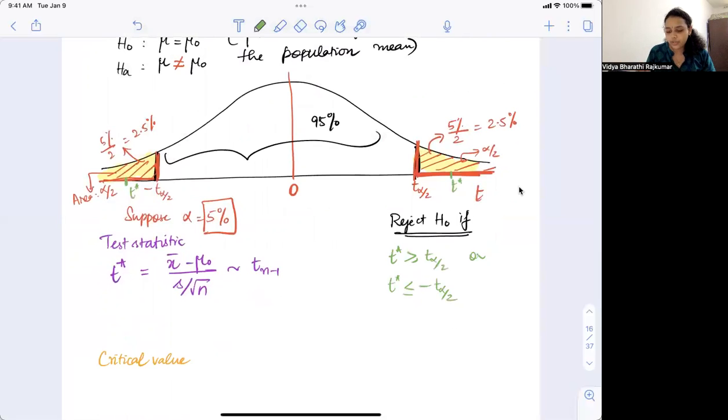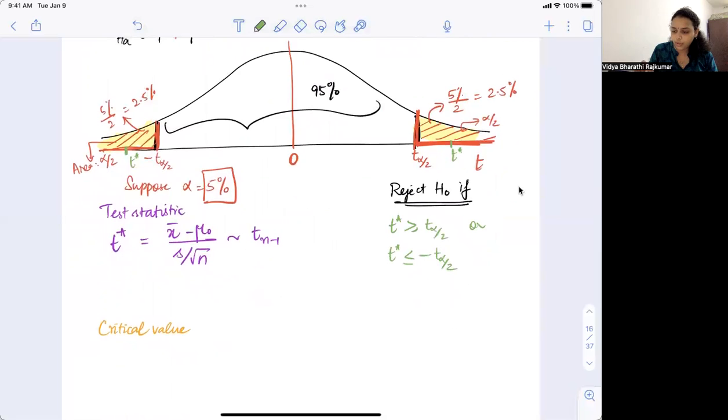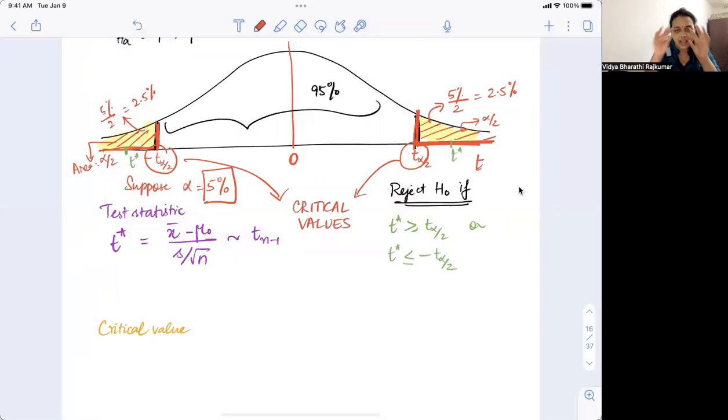And the critical value here is given by these 2 points. So these 2 points are my critical values, because they help me delineate the threshold where, if beyond that threshold, I deem an event to be extremely unlikely. So that's my critical value.